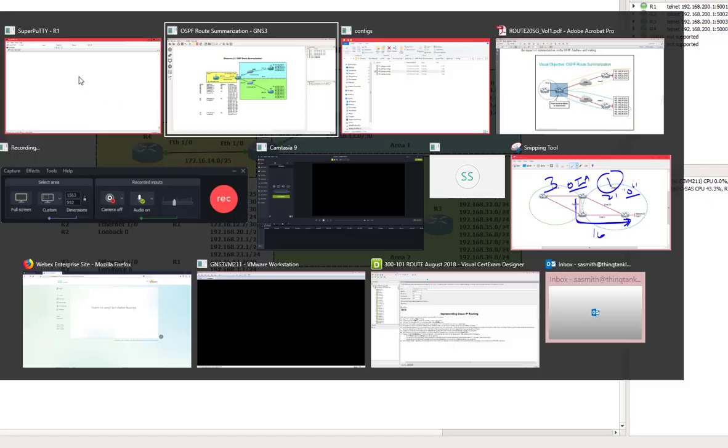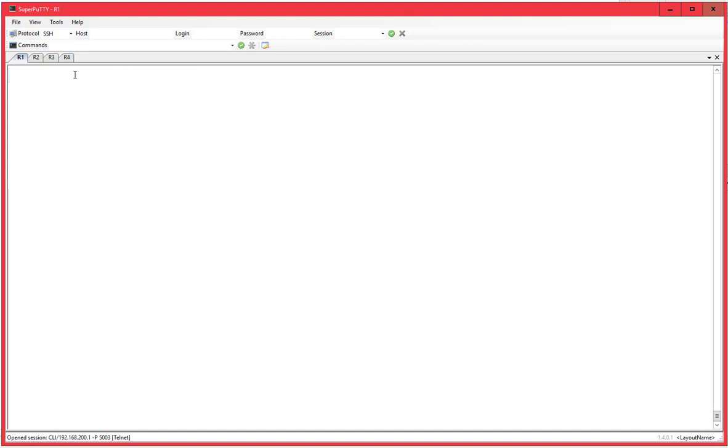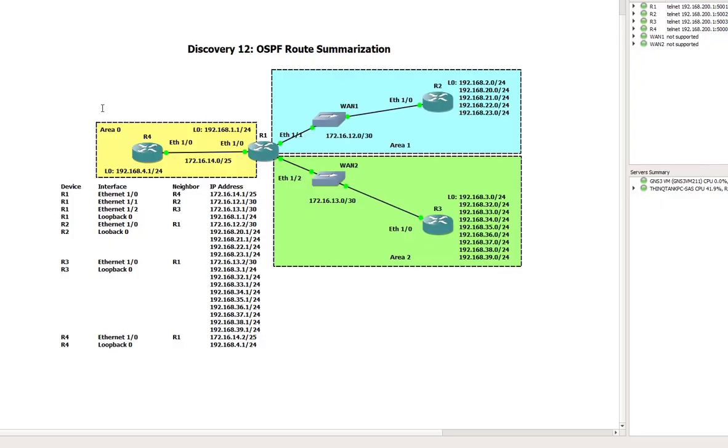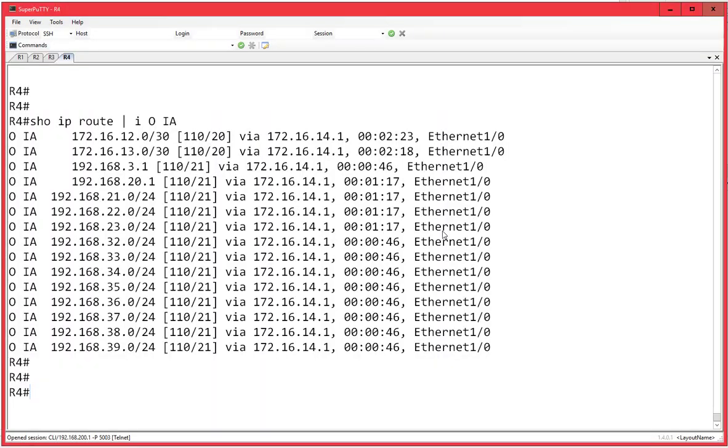Okay, so we've fixed our routing issues. If I look at router 4, show ip route | include O IA, I can see all of the type 3 LSAs coming from area 2 and area 1, which is the top router R2 and the bottom router R3.